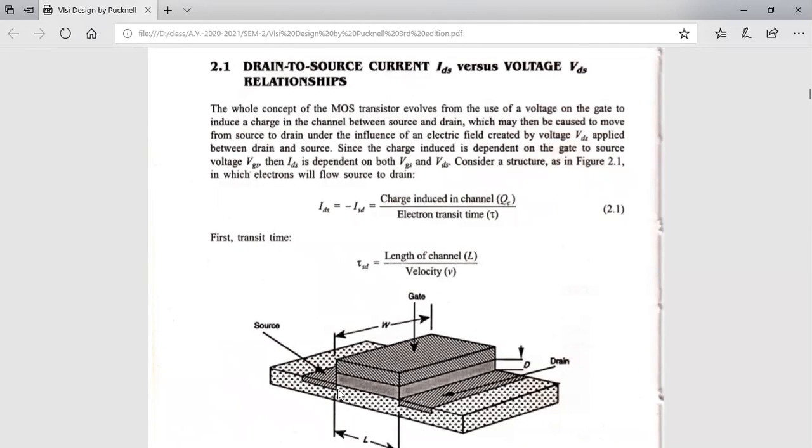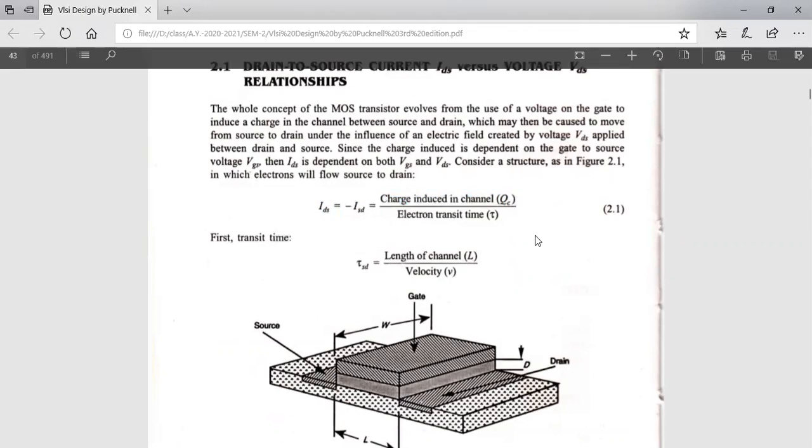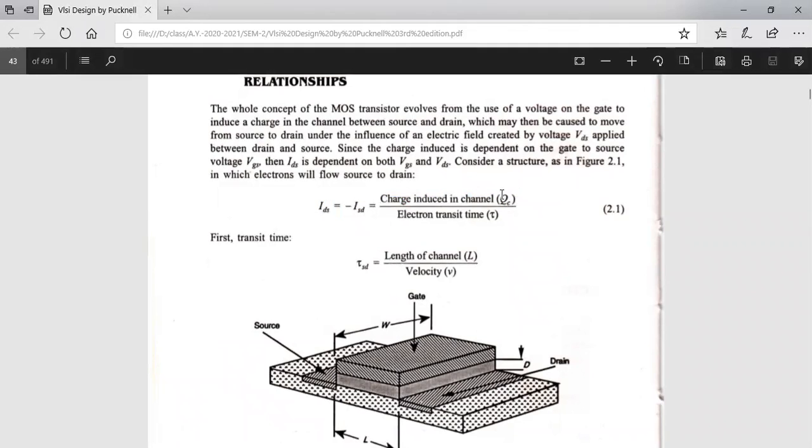So here you can see, there exists a movement of electrons between the drain and source. So automatically there exists a current from drain to source, IDS. That is nothing but the charge induced in a channel. So this is the channel, right?